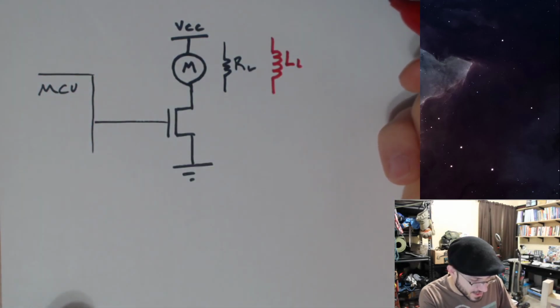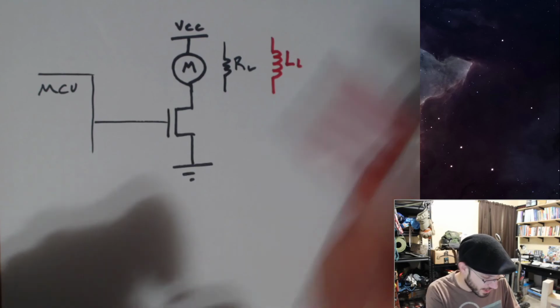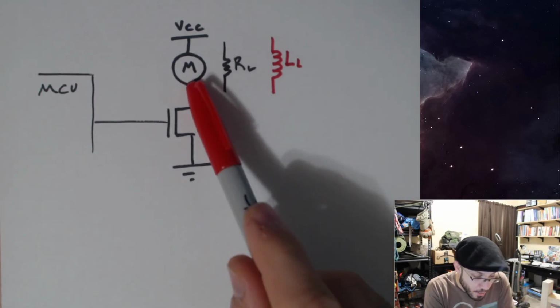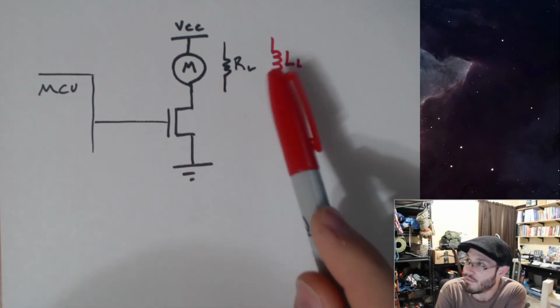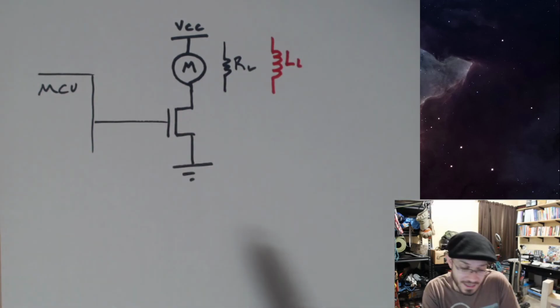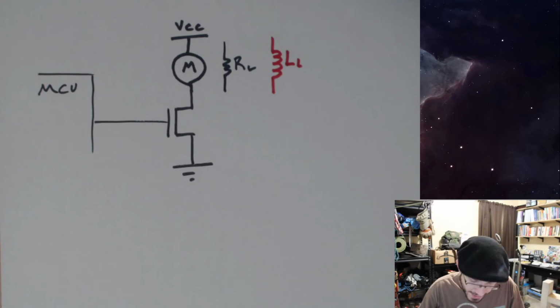I guess load inductance? Sure, I'll run with it. Okay, so this motor is not only a resistor, it does have a lot of this property called inductance. Okay, what does that mean for us?